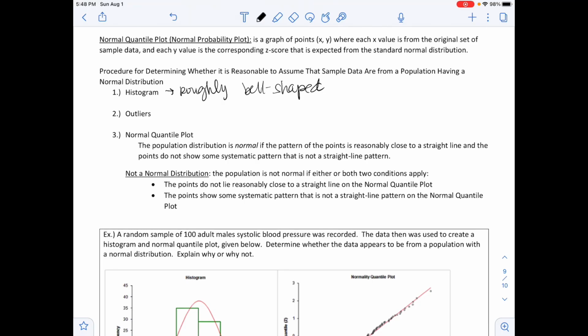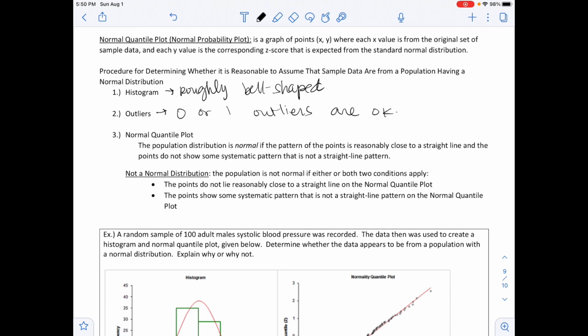And then step 2, we are going to look for outliers. And the rule that we have in our textbook is that if you have any more than one outlier, it's not normal. So 0 or 1 outliers are okay. Anything more than 1 is going to be not normal.